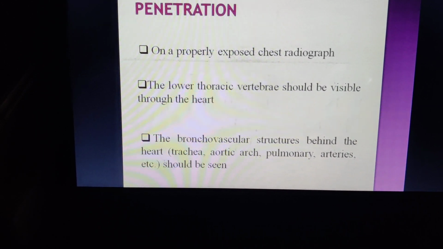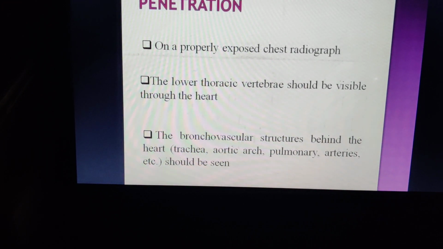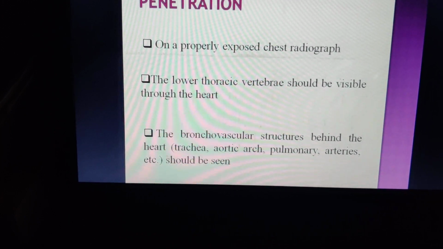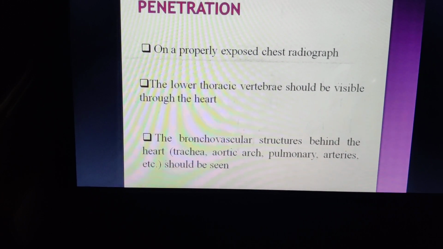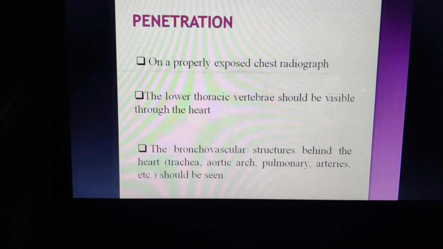Penetration: on a properly exposed chest X-ray, the lower thoracic vertebrae should be visible through the heart. The bronchovascular structures behind the heart, like the trachea, aortic arch and pulmonary arteries, should be seen.